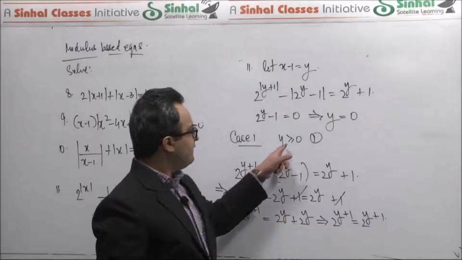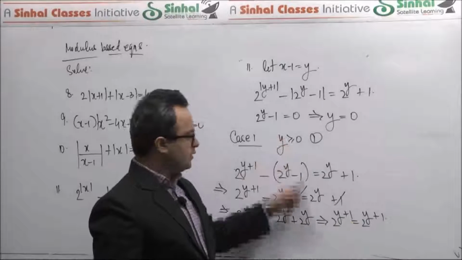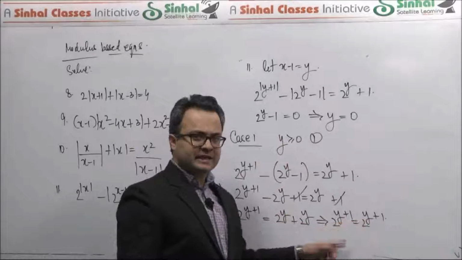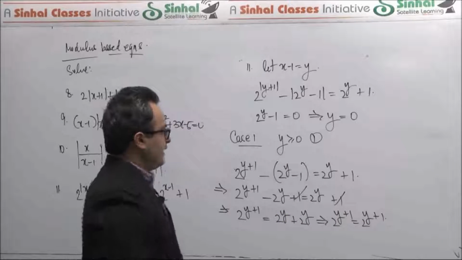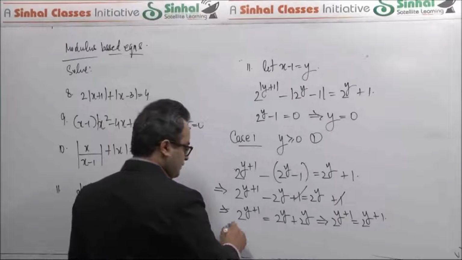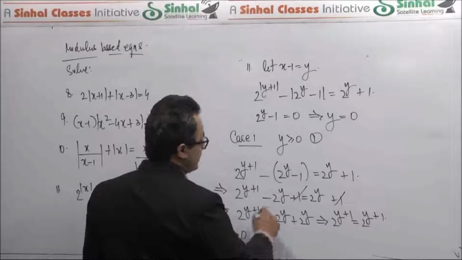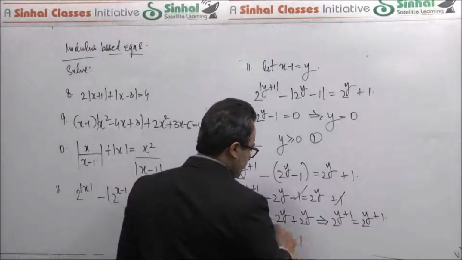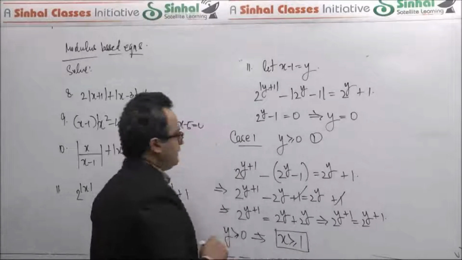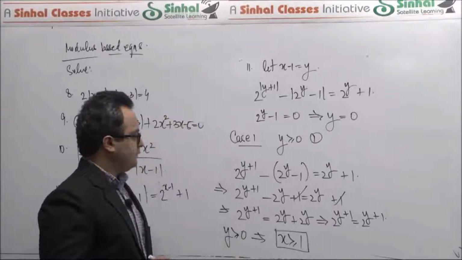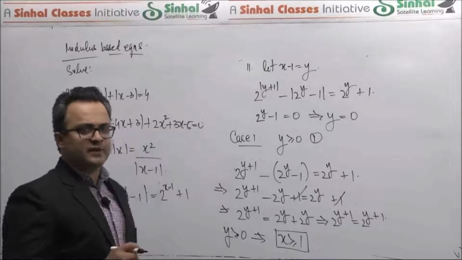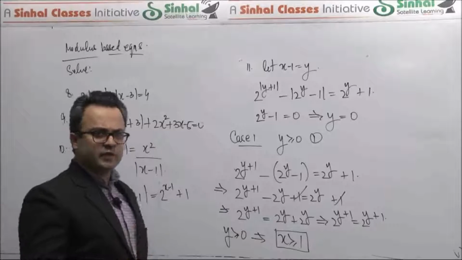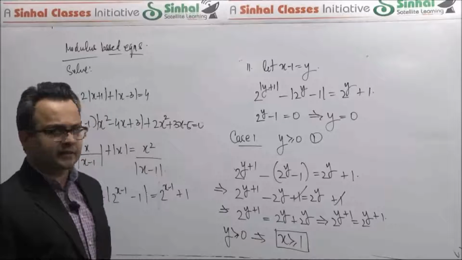So it's turning out that when y itself is greater than or equal to 0, the equation will always get satisfied. So y greater than or equal to 0 is a part of your final solution set. And if y is greater than or equal to 0, that would mean that x must be greater than or equal to 1. So any value of x which is greater than or equal to 1 is definitely satisfying the equation.